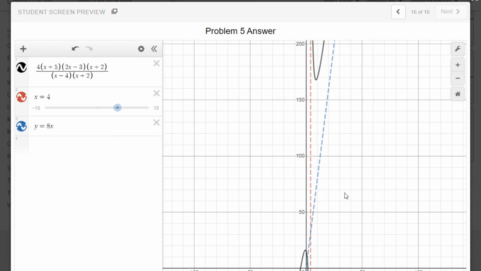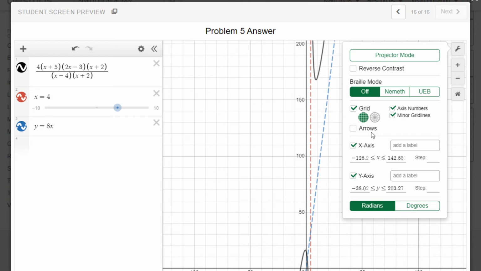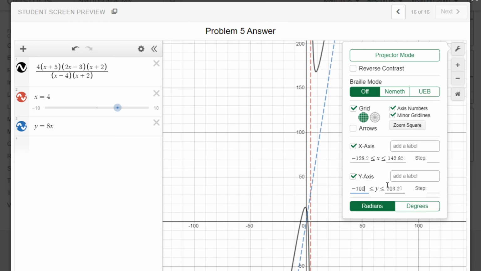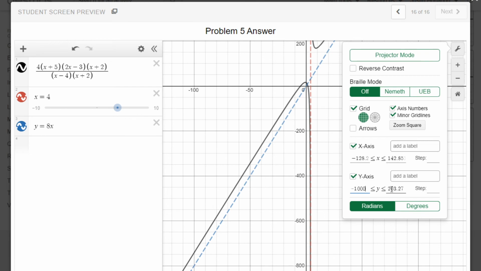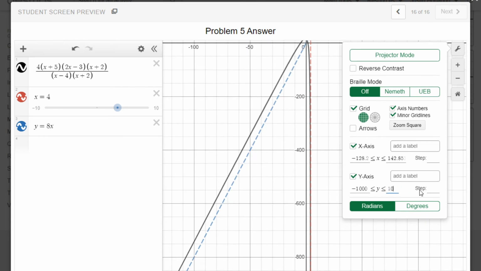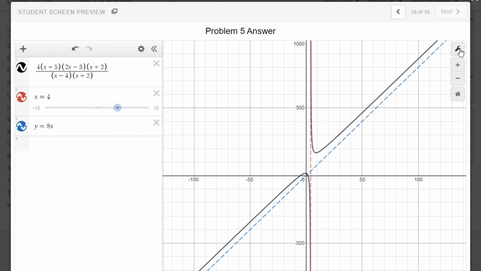Does this follow that end behavior? Maybe I need to make my y-axis scaled a little differently. Do you guys see how it's following the behavior of 8x on its ends? Cool. So it looks like we have the function that we needed.